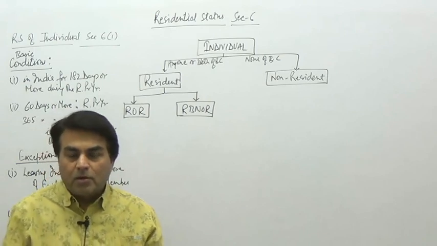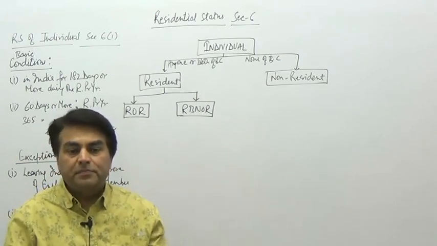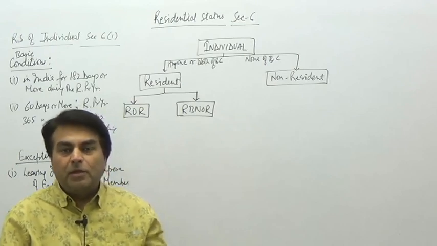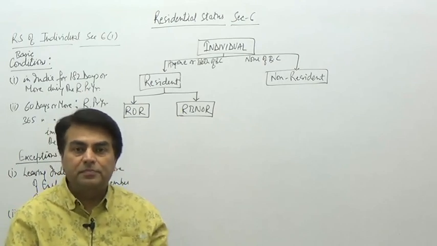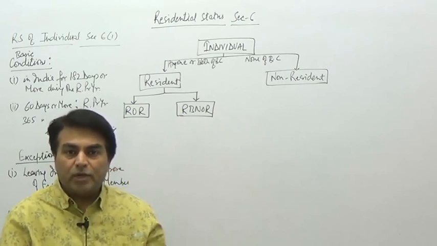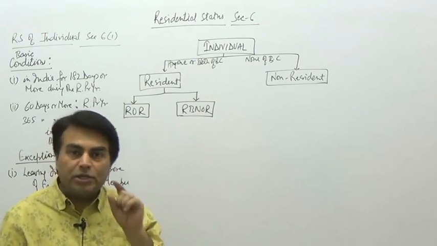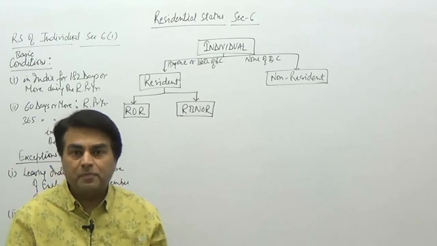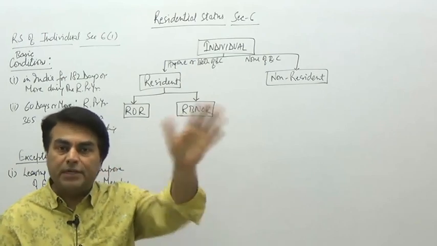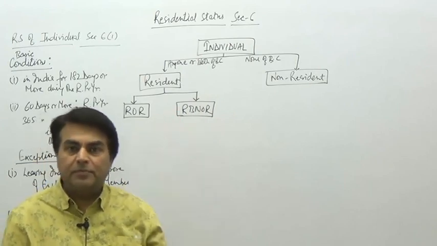Okay, he being outside India, he comes to India during the relevant previous year. So an individual who is a citizen of India, who got Indian roots, who got Indian origin, and he being outside India, he generally stays outside India.